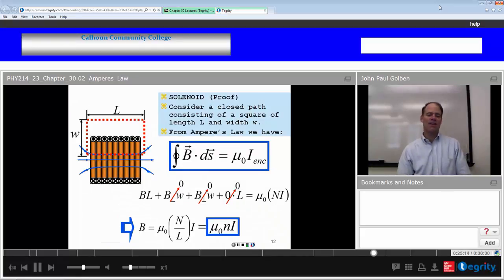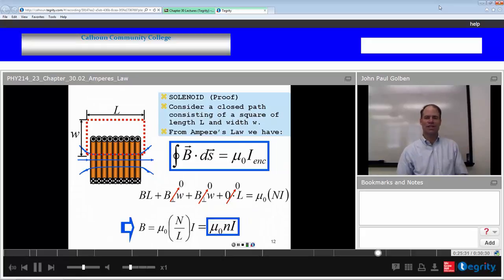If I did not have free space in the center of the solenoid, and instead put some kind of material in there that had its own magnetic permeability, then I would replace mu naught with mu, whatever mu was for that material.